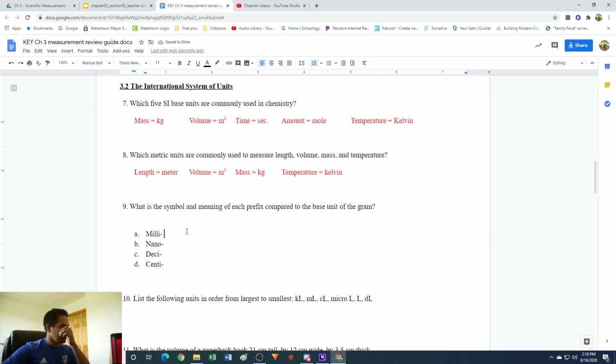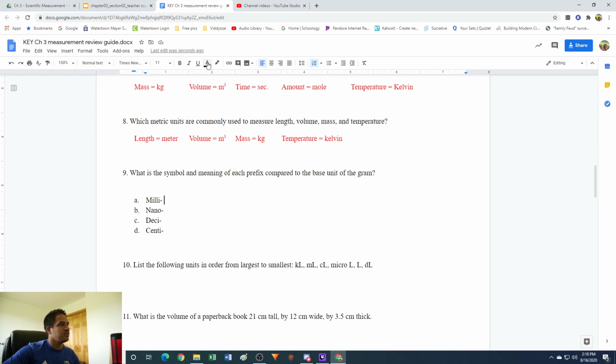All right, number 9. What is the symbol and meaning of each prefix compared to the base unit of the gram? So this is basically just asking what's the symbol and the meaning of each one. So milli, symbol is lowercase m. The meaning is 1,000 times smaller. Nano, the symbol for this one is a lowercase n, and this one means a billion times smaller.